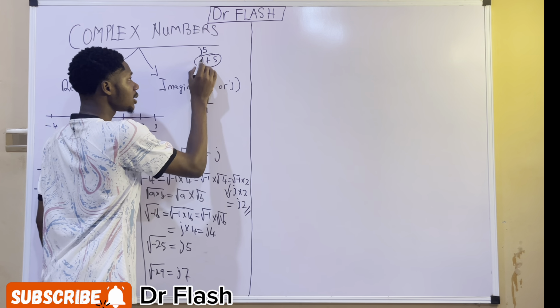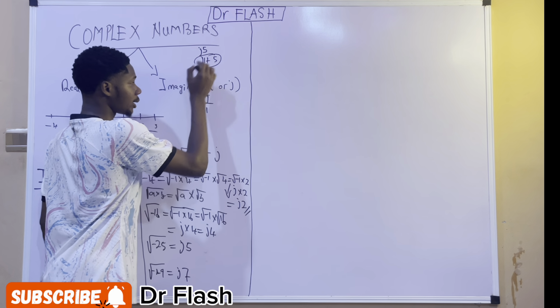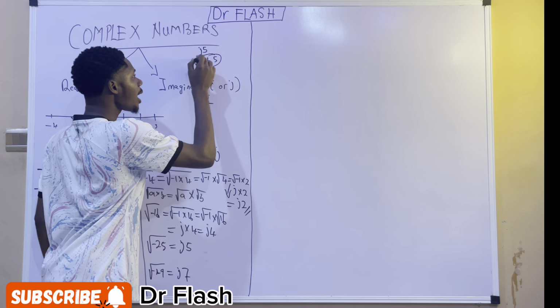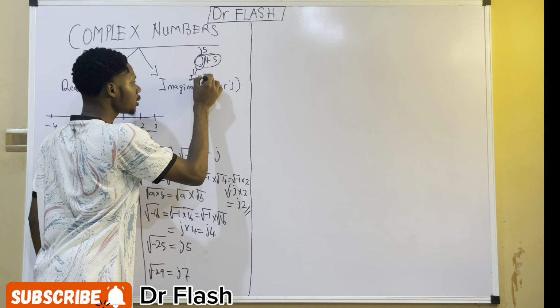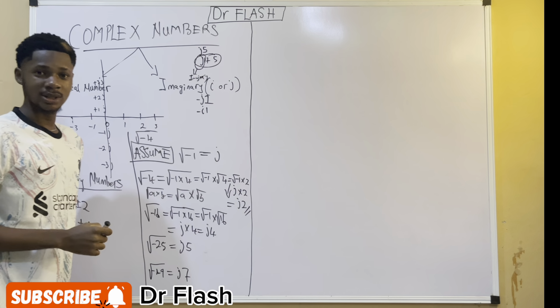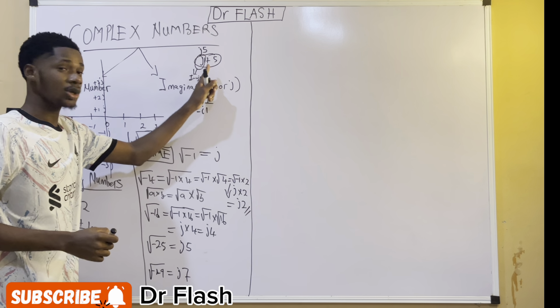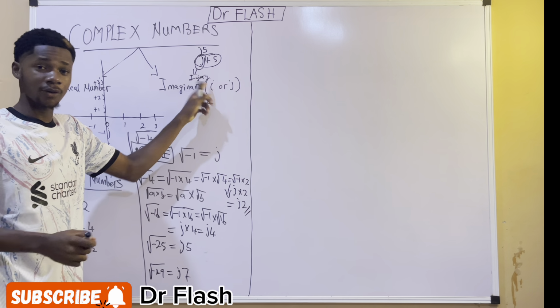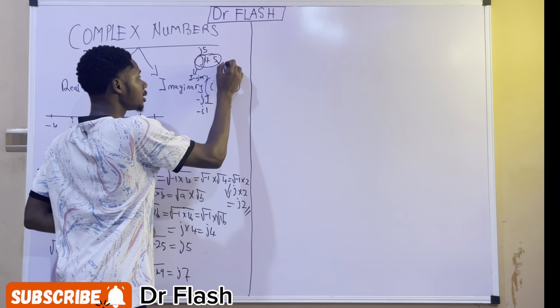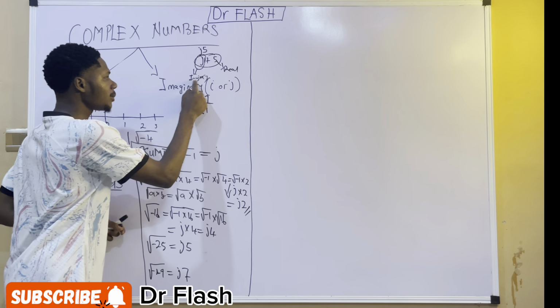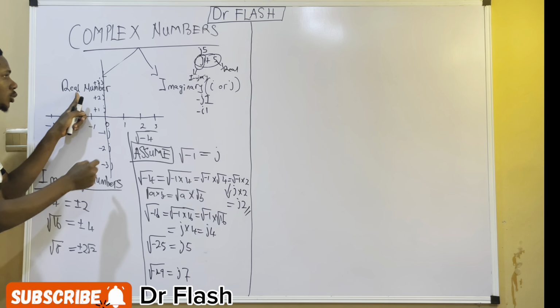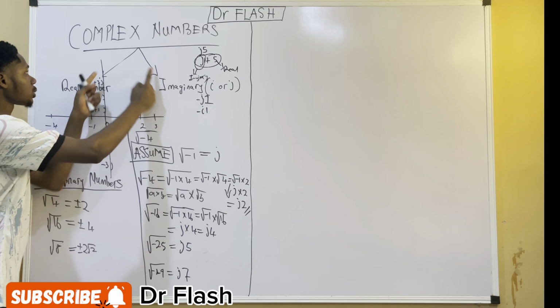In this case, j can be written as j1, which means it is an imaginary number itself. And 5 on the other hand is a real number, right? And then we're having a combination, an imaginary and real number. A real number and an imaginary number is what forms a complex number.